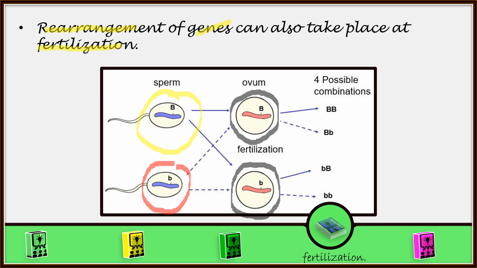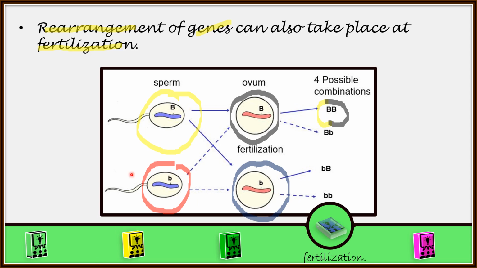Now, when you look at these gametes here, we can give them different colors so that we can differentiate them. Let us say this sperm goes with this ovum. We are going to get capital B and capital B. That is going to be our combination there.